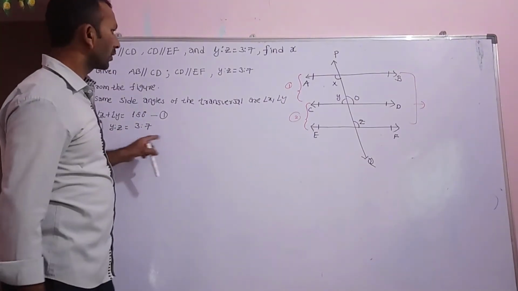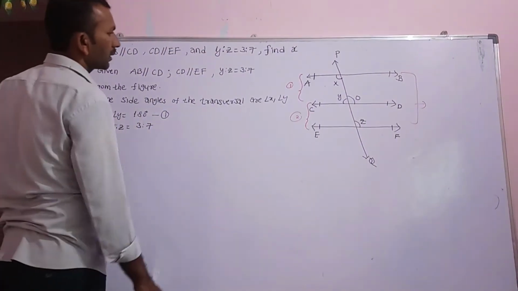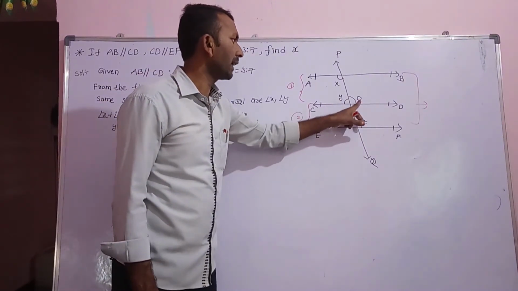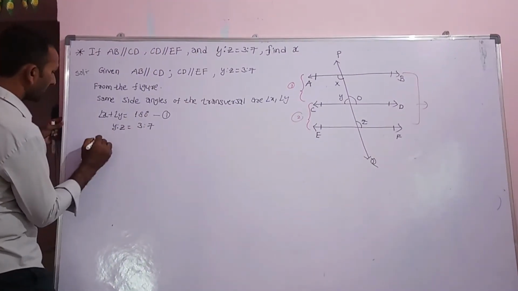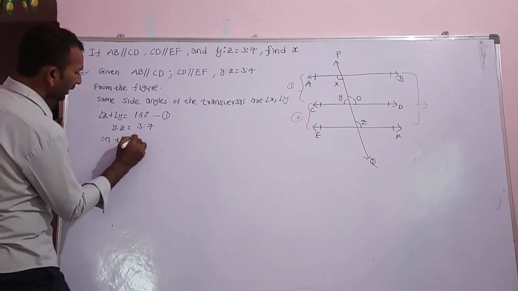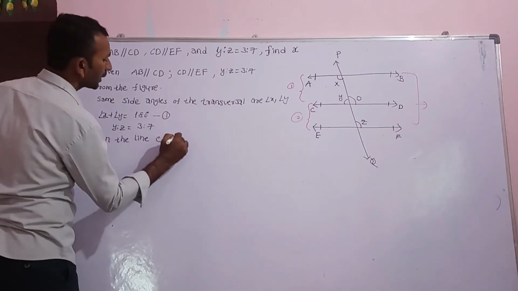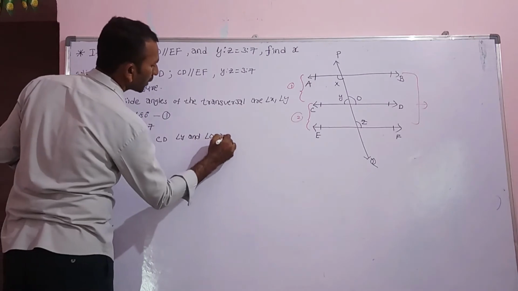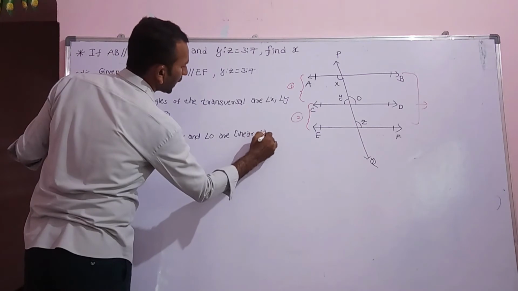From the figure, on line CD, angle Y and angle O are linear paired angles.